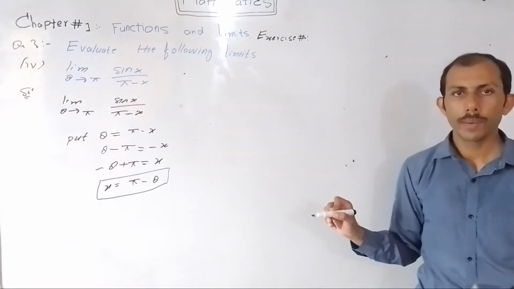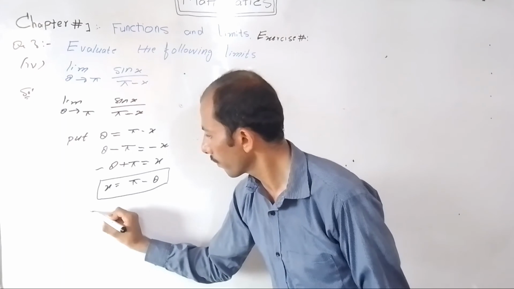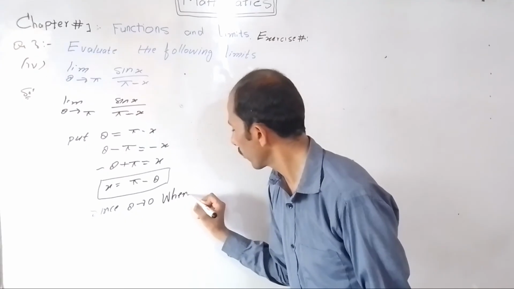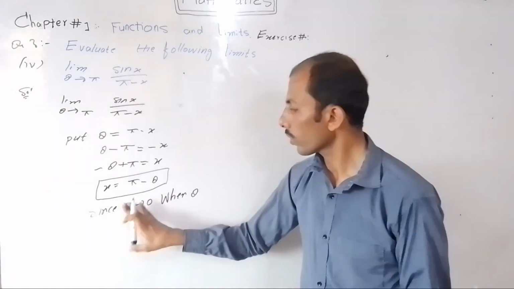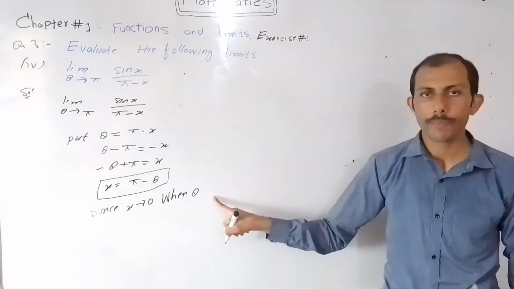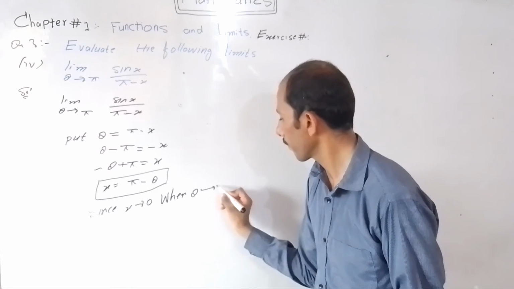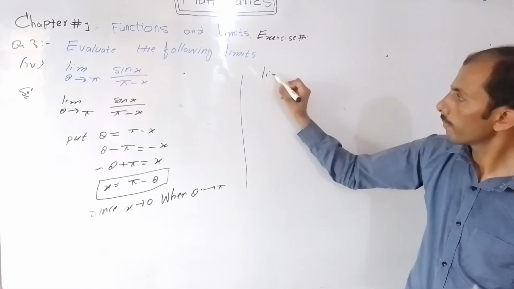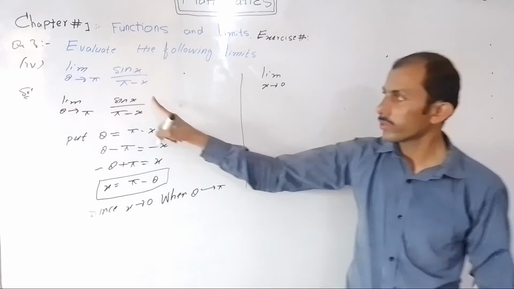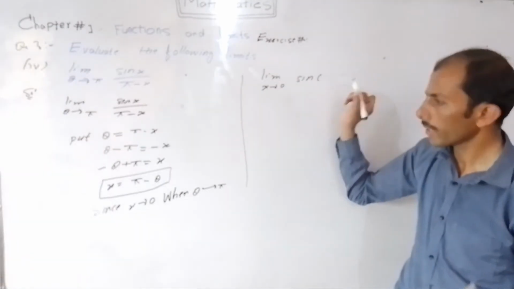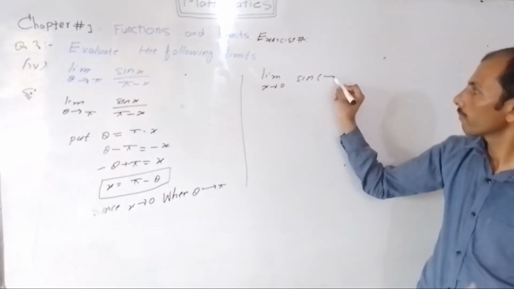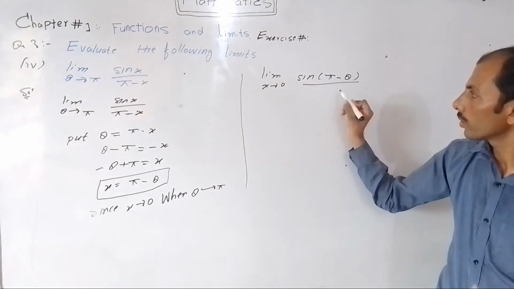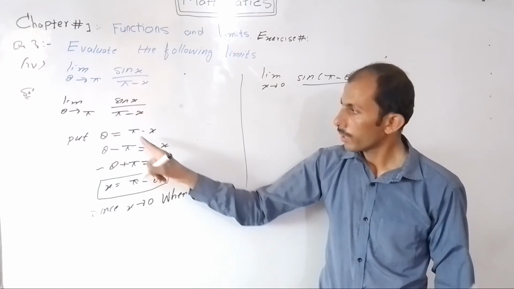Since x approaches to pi, theta approaches to 0. Next, limit theta approaches to 0 of sin of pi minus theta divided by theta, since pi minus x is equal to theta.